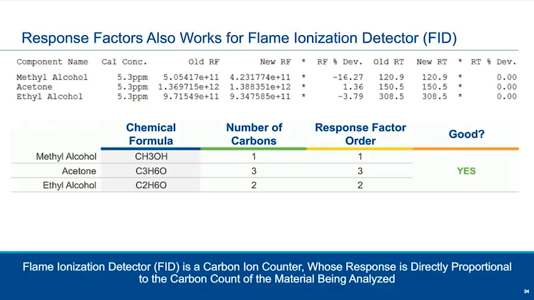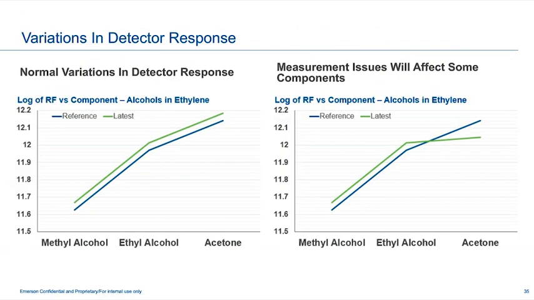So again, we can also do this with the calibrations for the FID. On the left-hand side, we're showing a perfect shift. It's proportional. It's what we would like to see. On the right-hand side, we're looking at something where the acetone latest or the new response factor is below that of the previous.